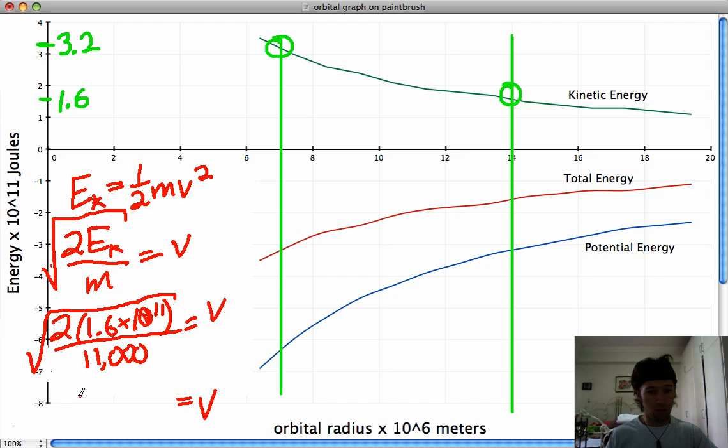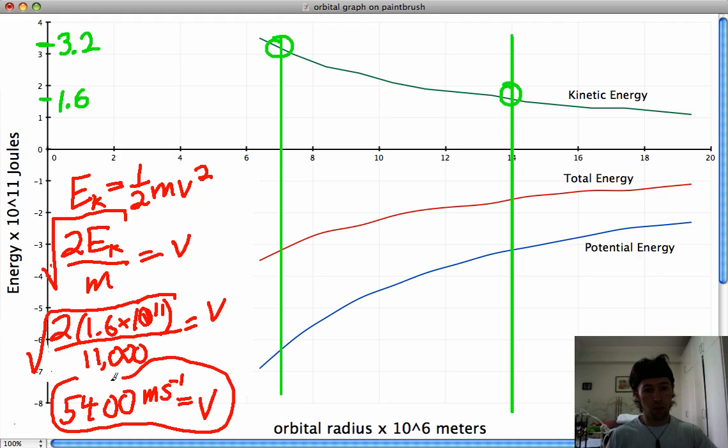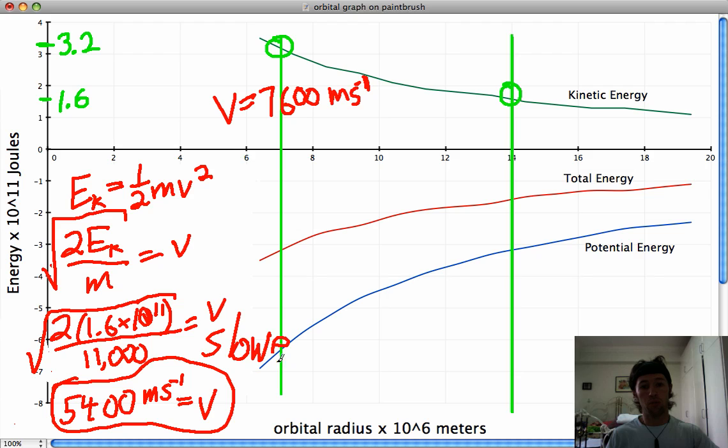And that turns out to be 5,400 meters per second. And just for comparison, earlier in this lesson we calculated the actual speed up here, and when it was at this location it was going something like 7,600 meters per second. So as you move satellites out, they do get slower.